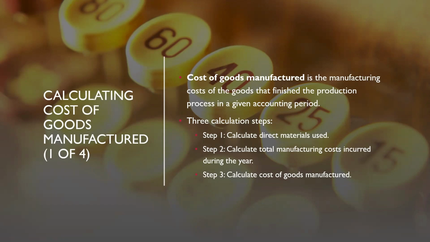Step 1, you calculate the direct materials used. Step 2, you calculate the total manufacturing costs incurred during the year. And step 3, you calculate cost of goods manufactured.